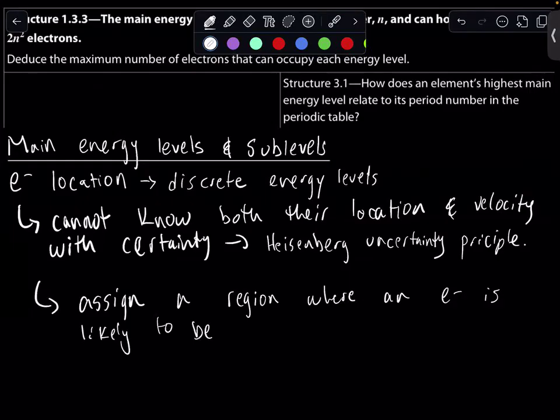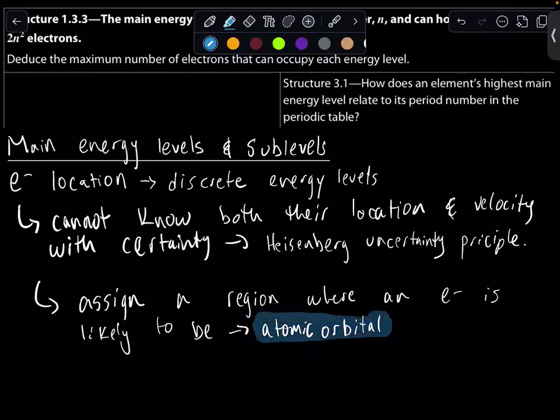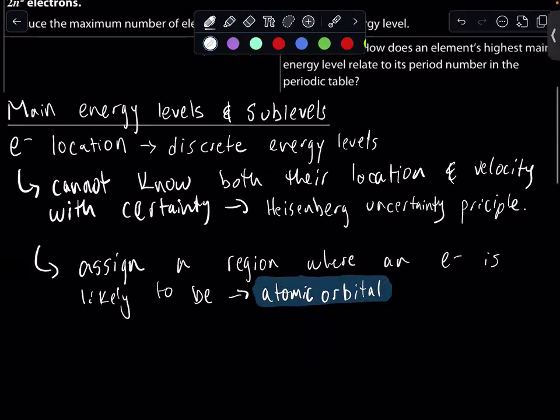They'll be there most of the time. We call this region an orbital. Sometimes we might say an atomic orbital. So that's what we're going to be dealing with today, atomic orbitals, as we move from main energy levels to our sublevels.